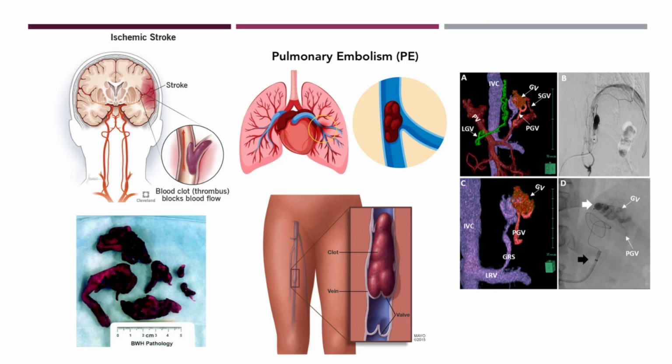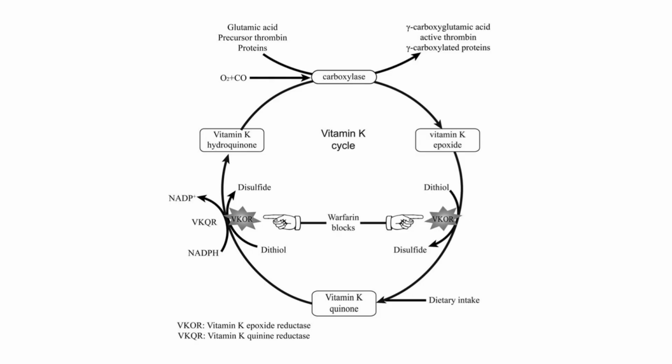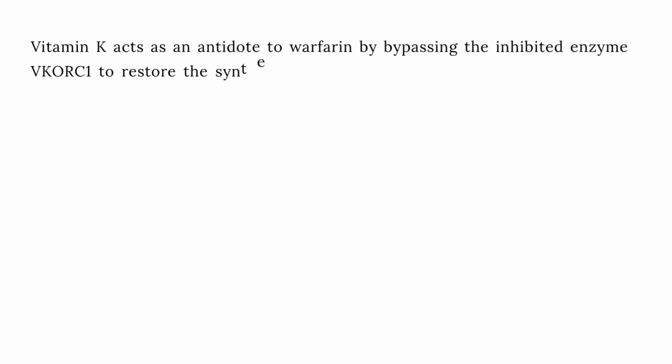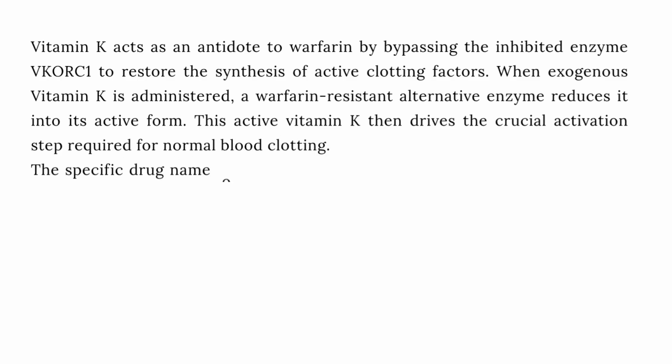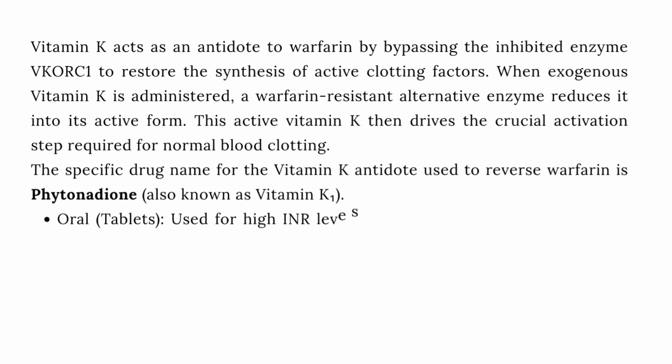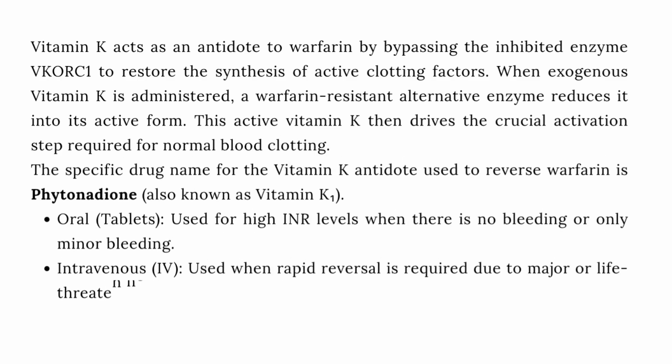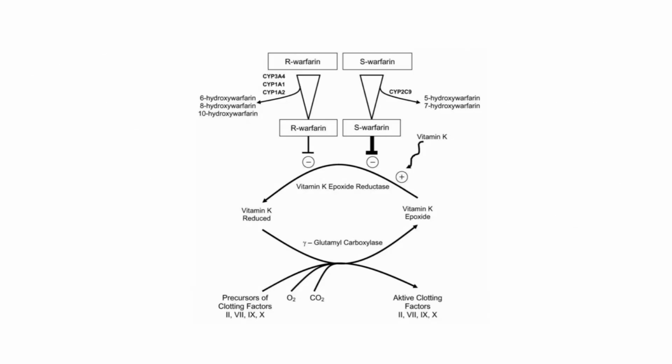So now you may have a doubt: what is the antidote for warfarin? What if a patient taking warfarin develops severe bleeding? The antidote is vitamin K. Remember, vitamin K is the antidote for warfarin, or you can say phytonadione. So vitamin K helps the liver start producing active clotting factors again.